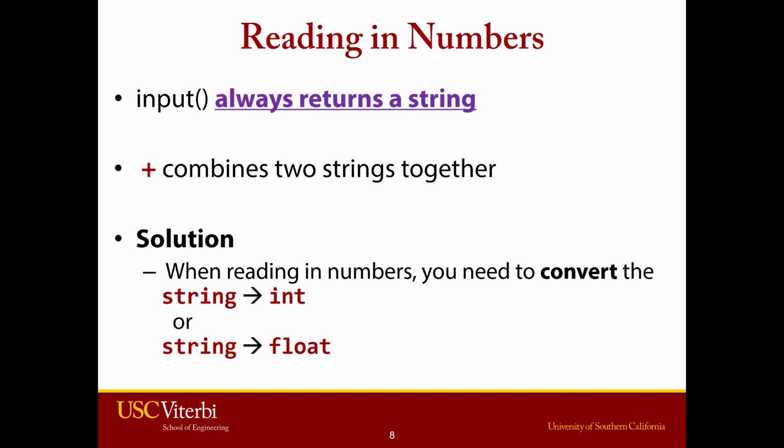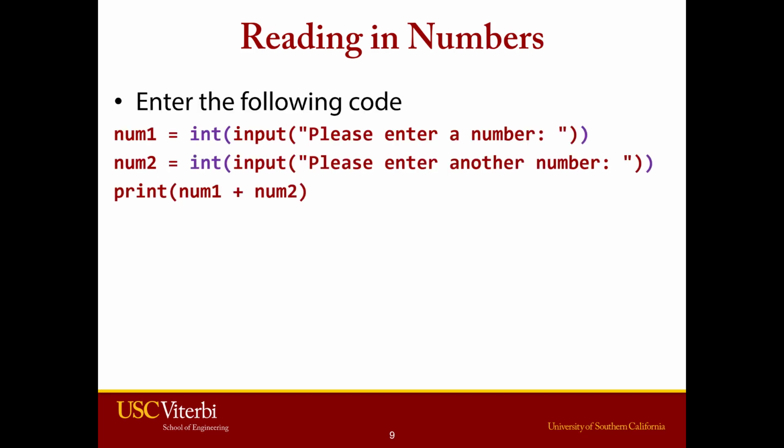So our solution that we're going to use all semester is you need to convert a string integer into an integer variable, and a float that is stored as a string into a float variable. So we have to do that conversion. And it's very straightforward. You simply put the command int in front of the input command. So int, parentheses, and then your input, and then close parentheses.